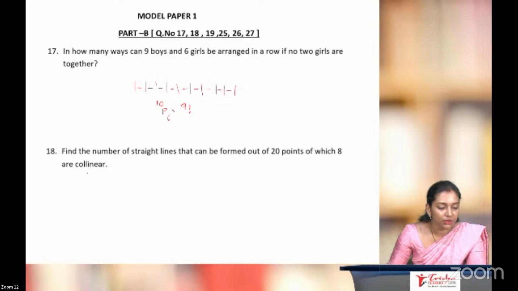Next, 18th question. Find the number of straight lines that can be formed out of 20 points, of which 8 are collinear. So yeah, you have actually a property there. Number of straight lines that can be formed, where 8 points are collinear. Collinear means that they are in the straight line.